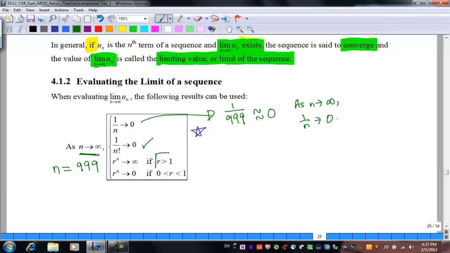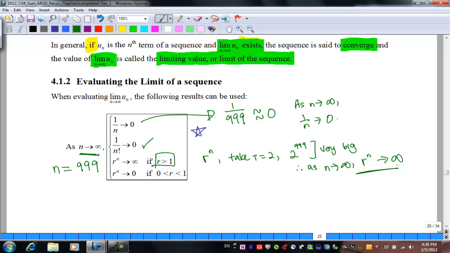Now what about this? r to the power of n, if r is more than 1. One example of a suitable value of r will be r equals 2. Taking r equals 2, I see that 2 to the power of 999 is going to be very big. Therefore, as n tends to infinity, r to the power of n should also tend to infinity. So this is an example of a sequence which does not converge.